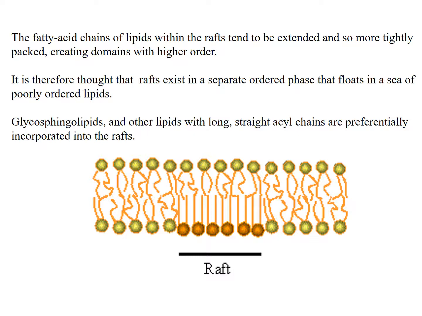If you think of an island floating on a sea of poorly ordered lipids, and that means a lot of these glycosphingolipids and other lipids are preferentially incorporated, and you kind of just form this lipid raft based on this order structure here.